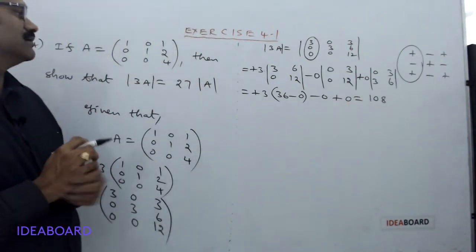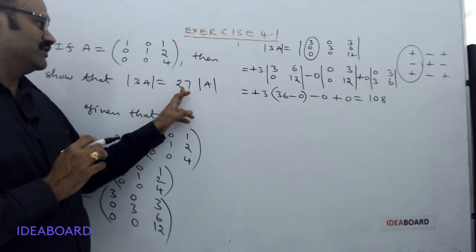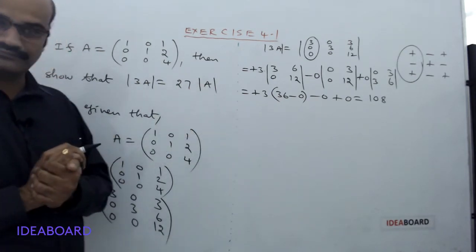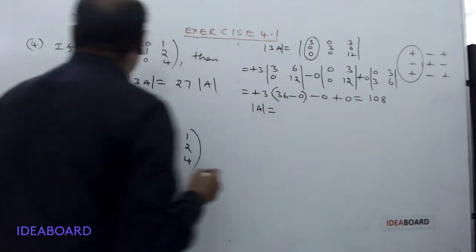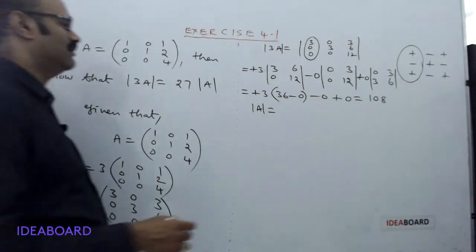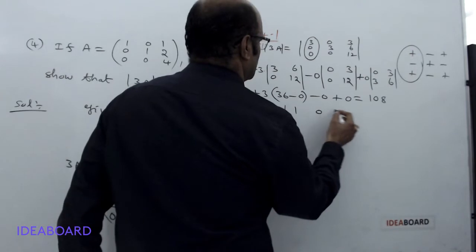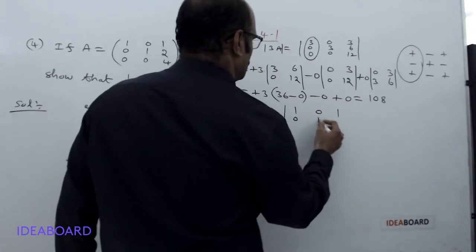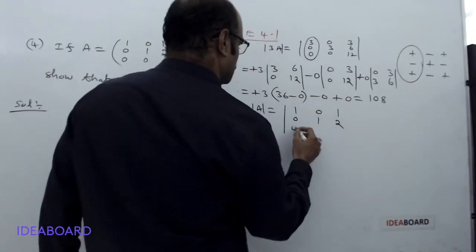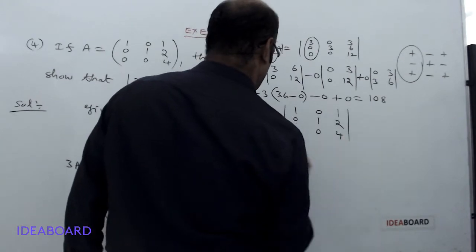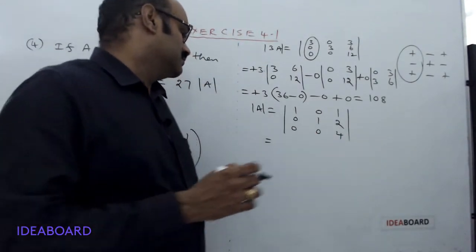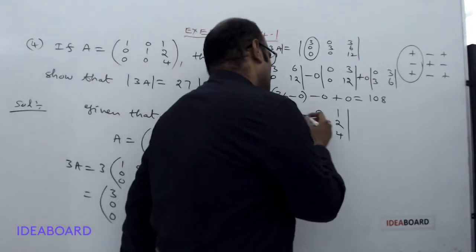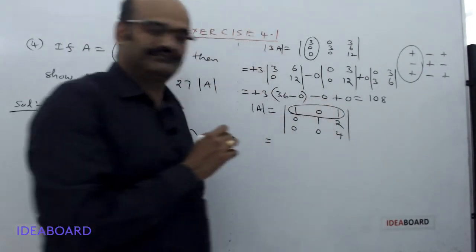Now we have to get RHS, 27 into det A. So first let us find det A here. Det A equal to determinant of 1 0 1, 0 1 2, 0 0 4, equal to, we do along R1.